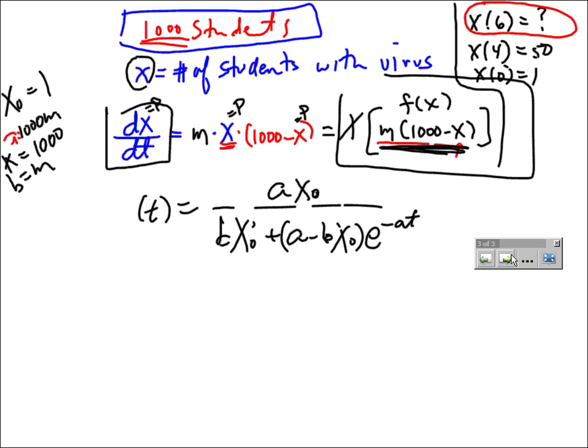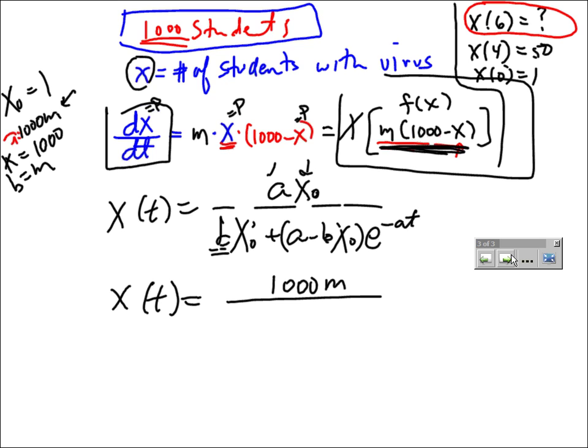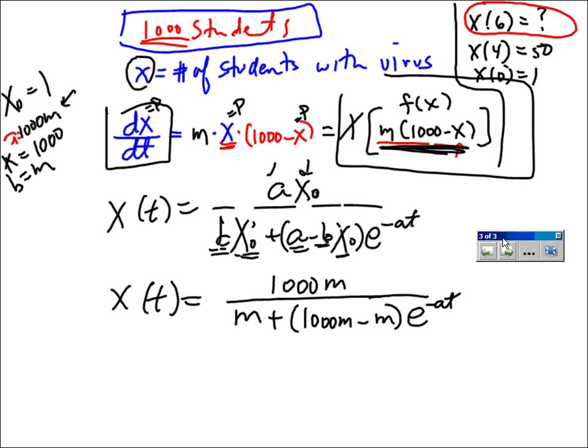And X sub 0 is 1. So X of T is A, which is 1000m times 1. That's 1000m. Plus B, which is m, times 1. That's m. Plus A, which is 1000m, minus B, which is m, times 1. So it's just m, times e to the negative AT.